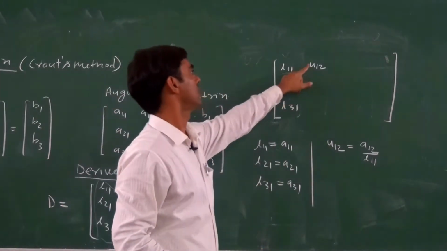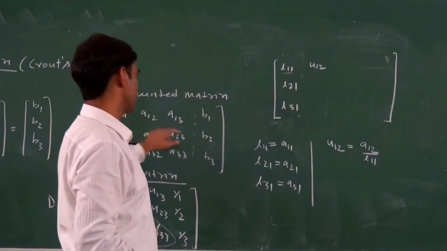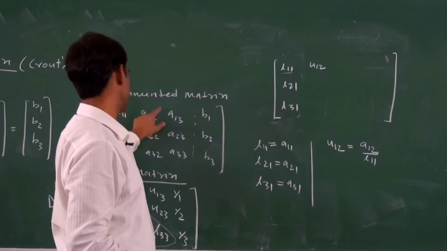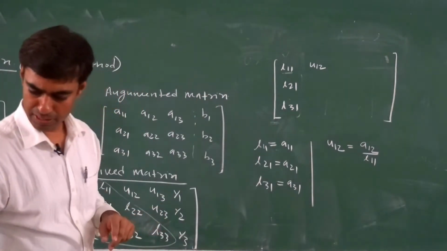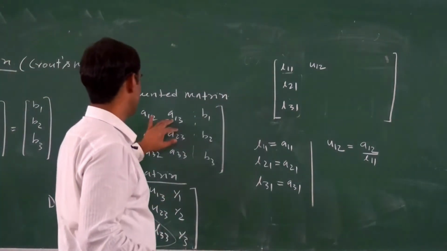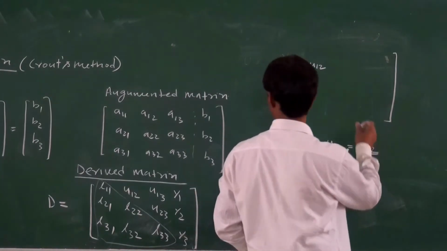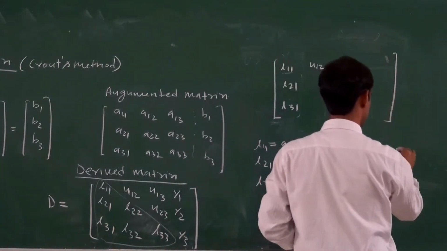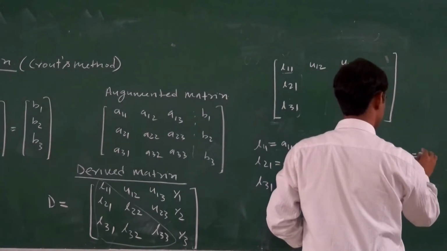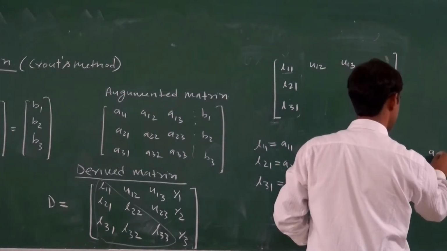A12 is the element of the corresponding position in the augmented matrix. Similarly, we find U13. What is the corresponding value in the augmented matrix?